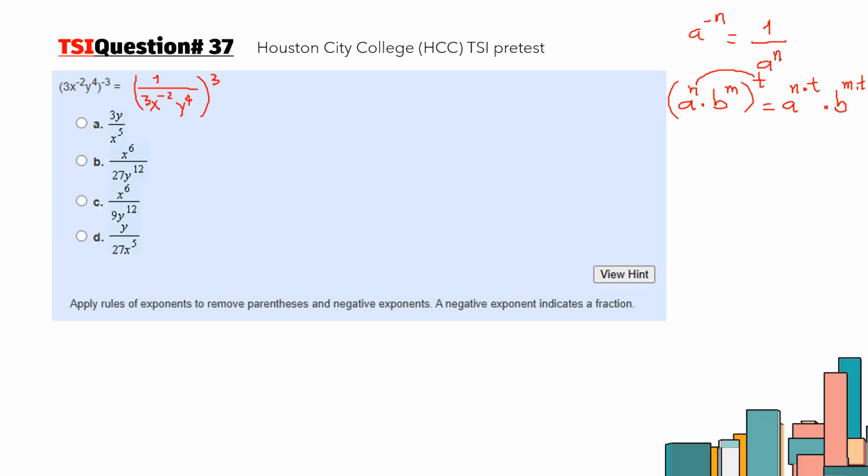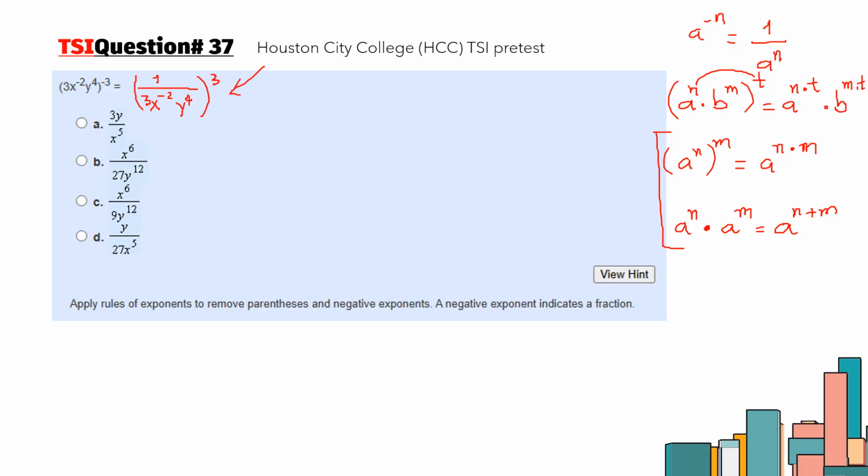This is a power of a power, so you multiply the exponents. But if you have the same base and you multiply, the base stays and the exponents are added. It's easy to mess up between the two, so be careful.